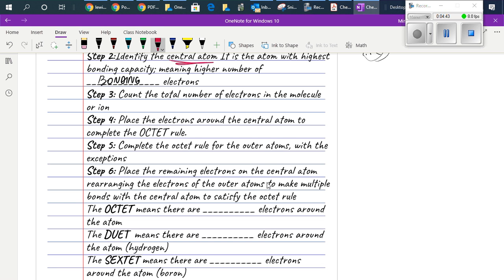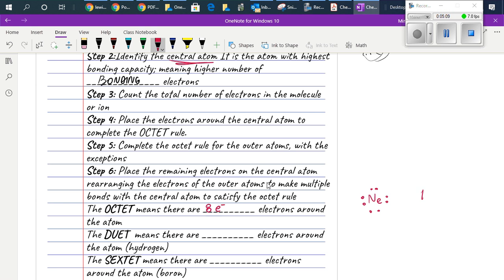Now remember what we have said about the octet rule. The octet rule means that we have to have 8 electrons around the atom. So when we have, let's say, neon, it has 8 electrons around the atom.